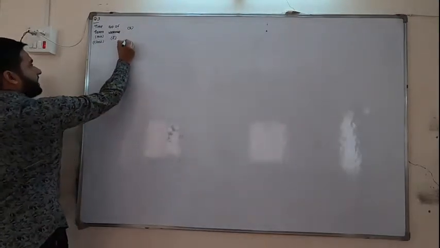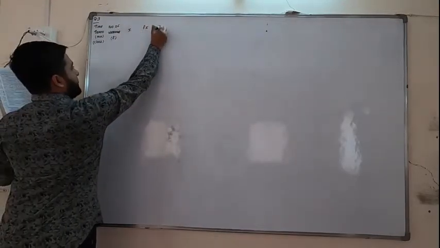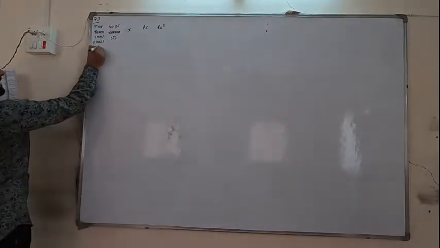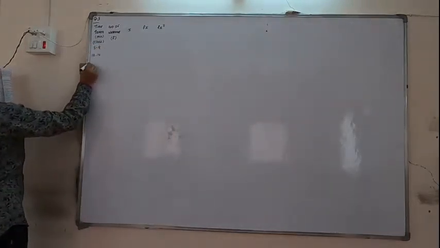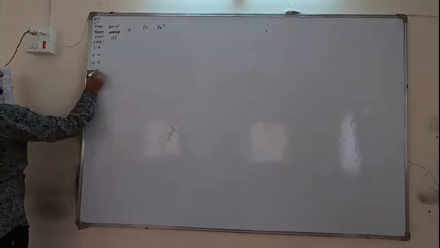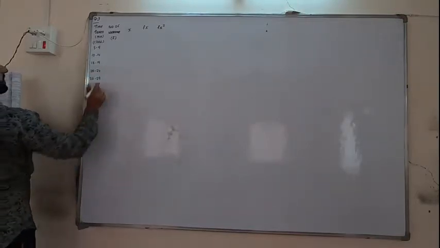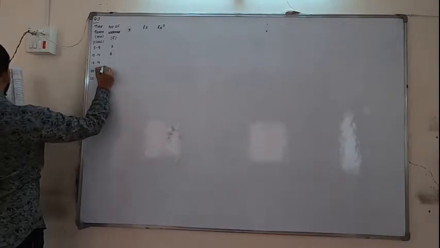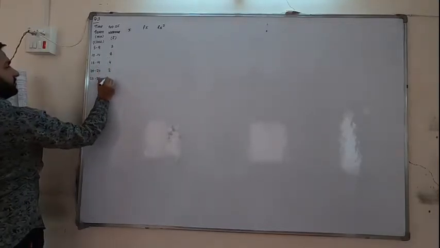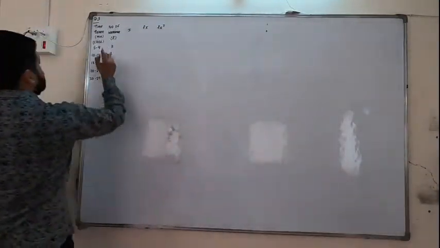We need a column of x, then fx, then fx square, and no other column. Classes: 5 to 9, 10 to 14, 15 to 19, 20 to 24, 25 to 29. Frequencies: 3, 8, 4, 2, 1. So let us draw the lines.